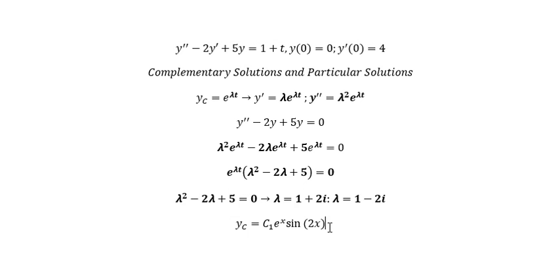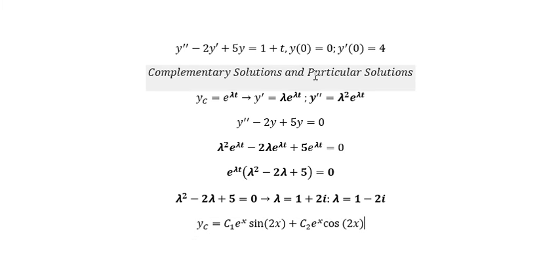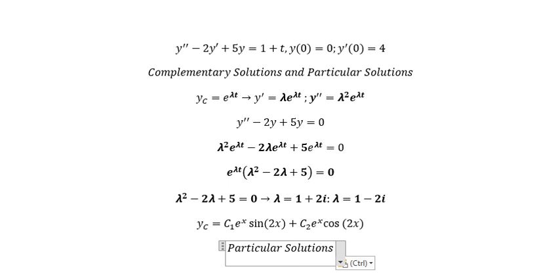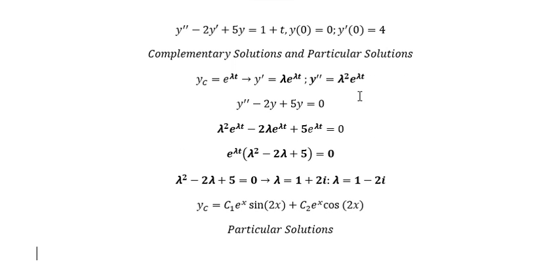So the next one, we have c2 e to the power of t cosine 2t, and this is the first one. Now we go to particular solutions. In particular solutions, we see that we have 1 plus t. Oh, sorry, this is about t not s.